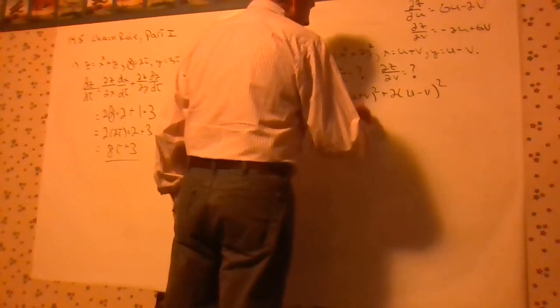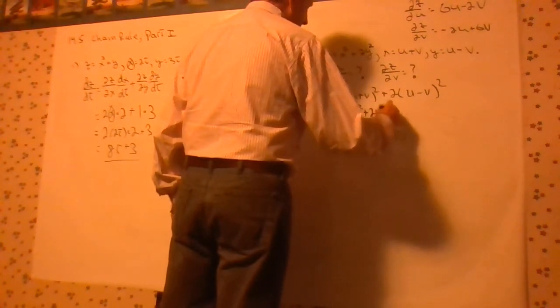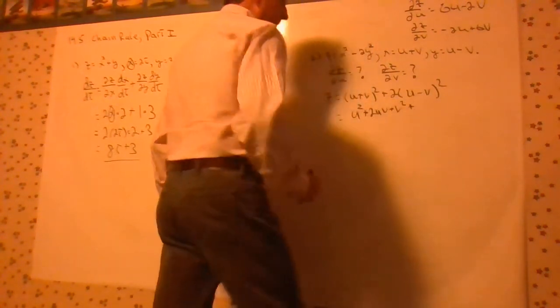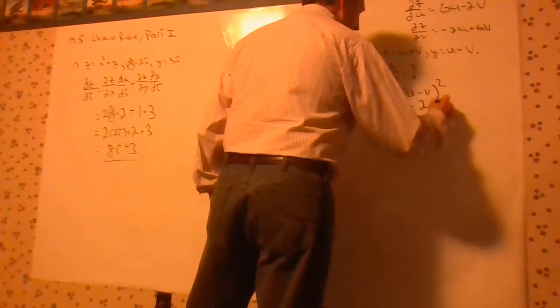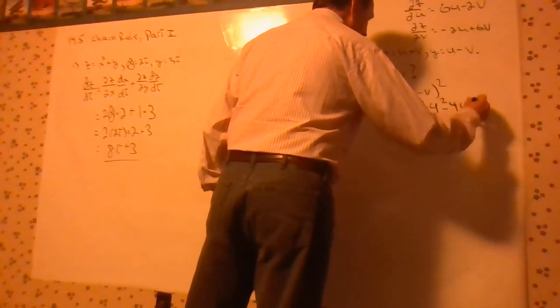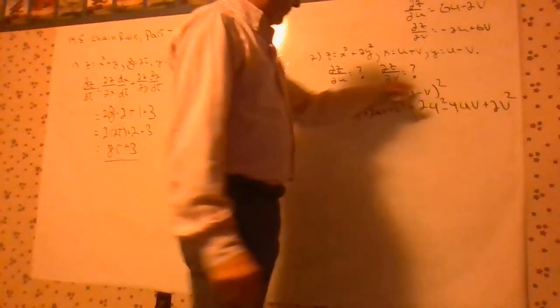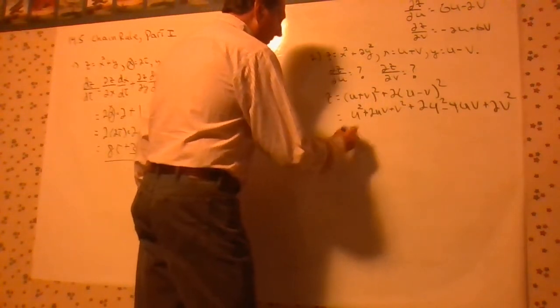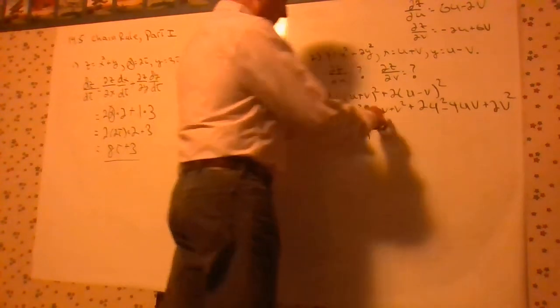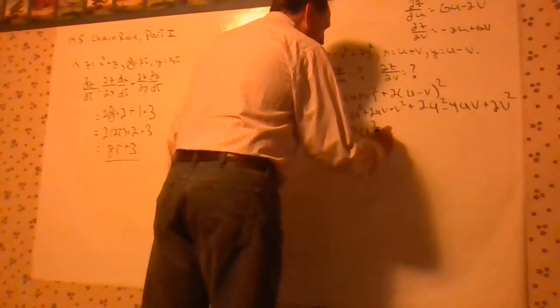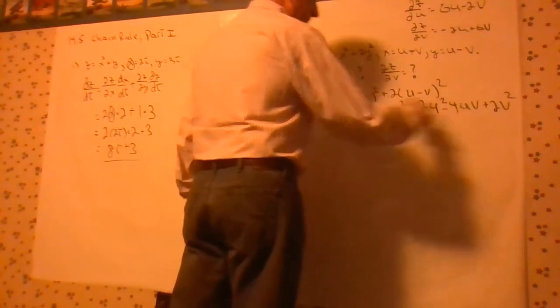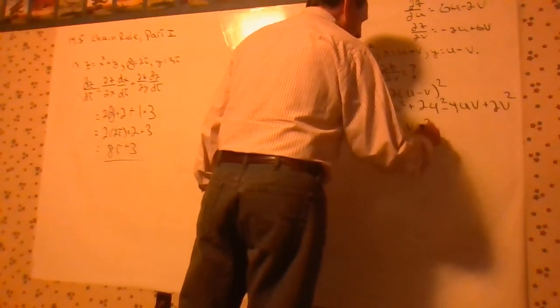We end up getting u squared plus 2uv plus v squared plus 2u squared minus 4uv plus 2v squared. I distributed the two all in one step. And we get 3u squared. 2uv minus 4uv is minus 2uv. And v squared, that is plus 3v squared.